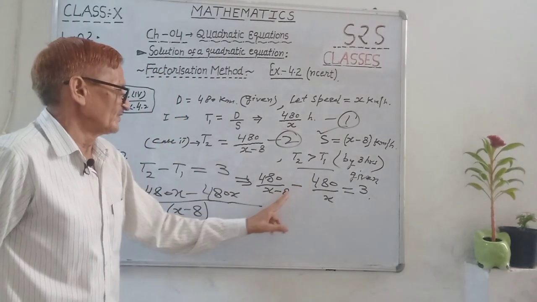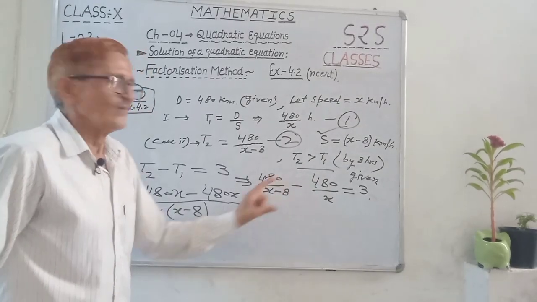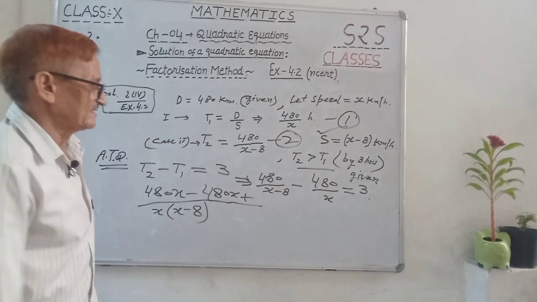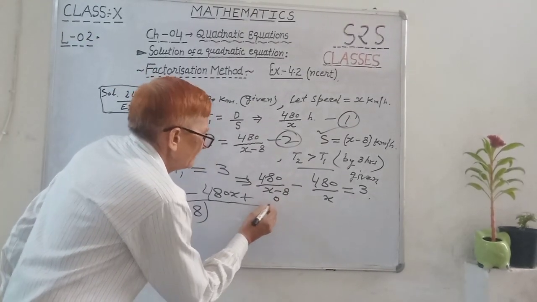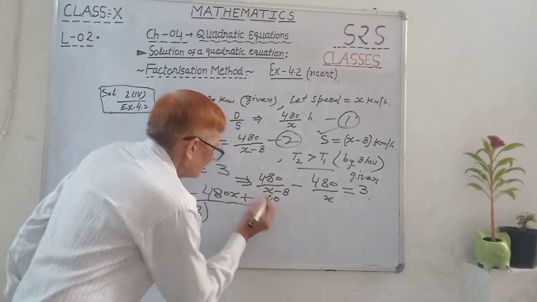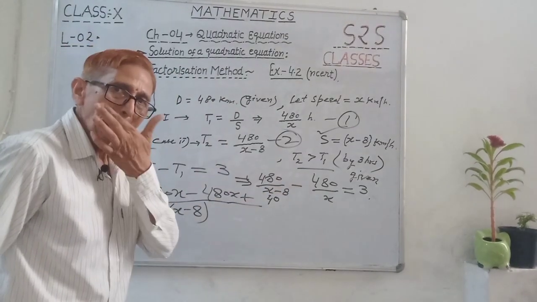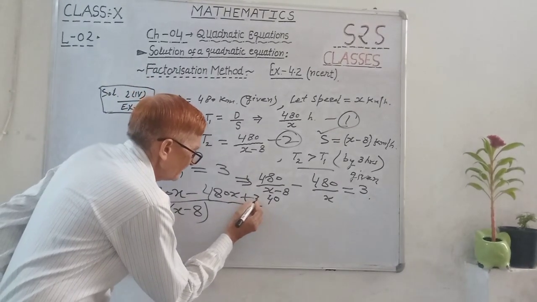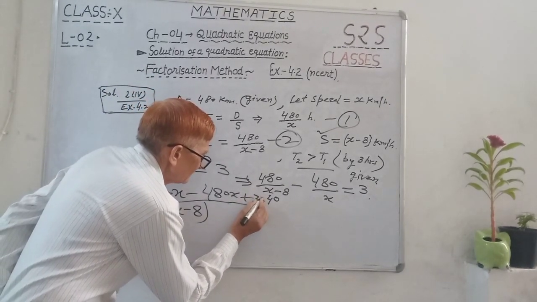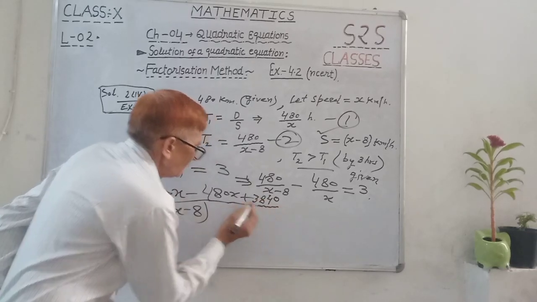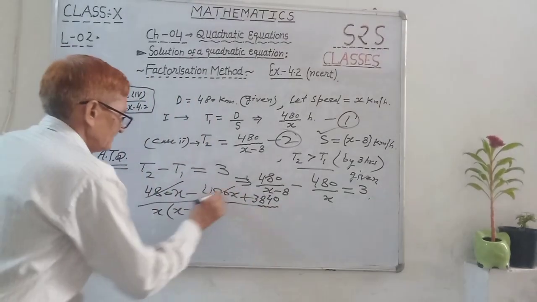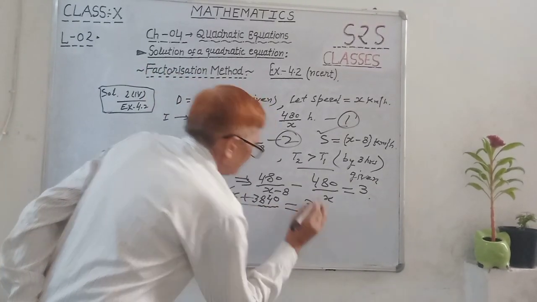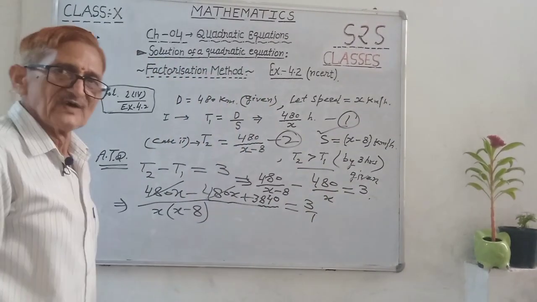Okay, and minus 480 into minus 8, so minus 8 and minus 480, plus, and multiply by 8. 8 8s are 64, 6 carry. 8 4s are 32 plus 6 is 38. After that simplify, this minus plus same cancel, and is equal to 3 upon 1, is 3.